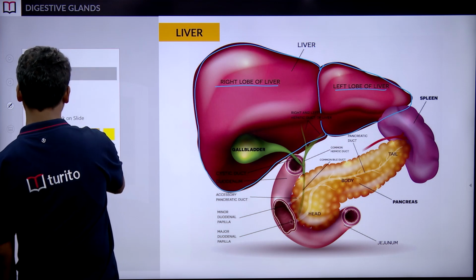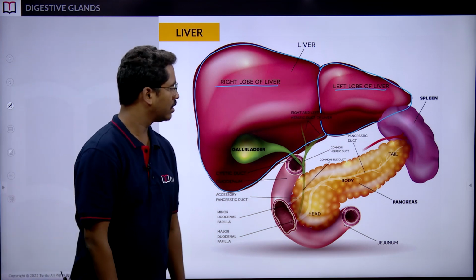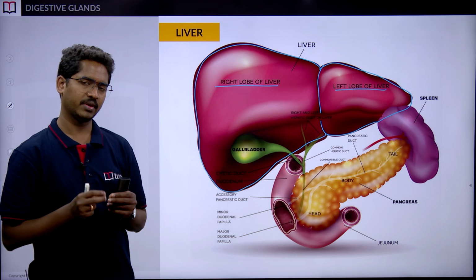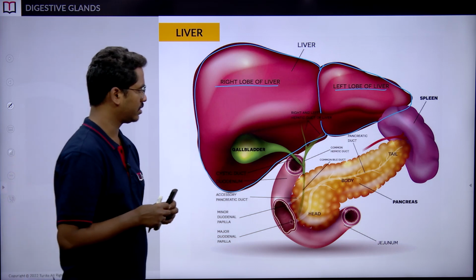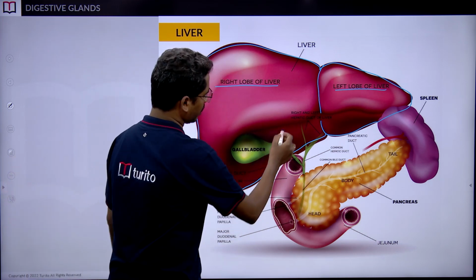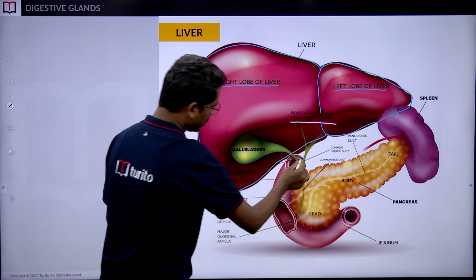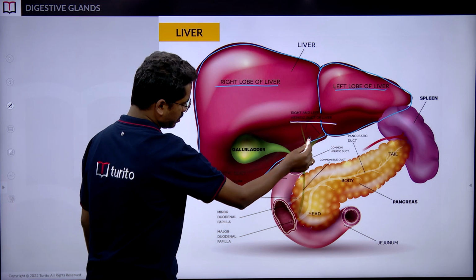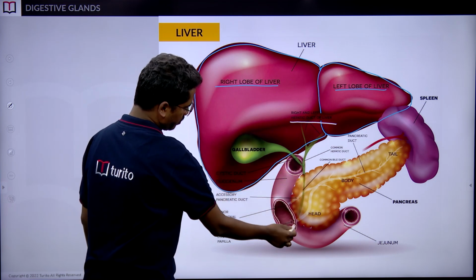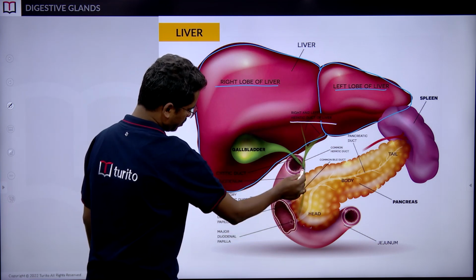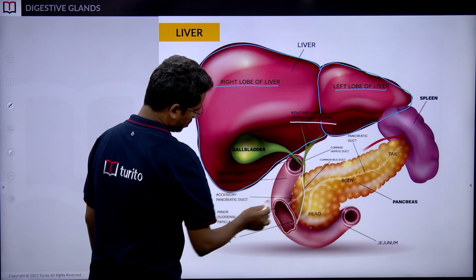And I was just mentioning something: the liver has a link with the stomach, right, I just told you that. Now, here it is quite different, you see it has a hepatic duct of the liver, but this duct has a link with the stomach somewhere here. You see that green color duct, that is one thing.